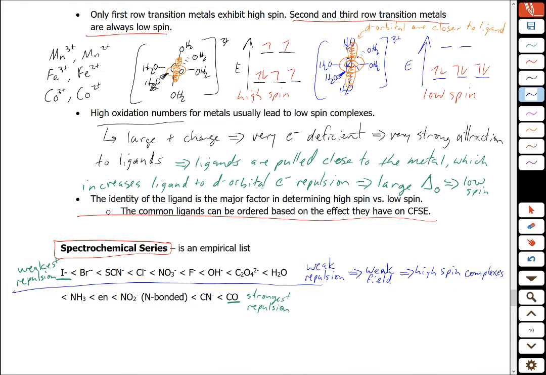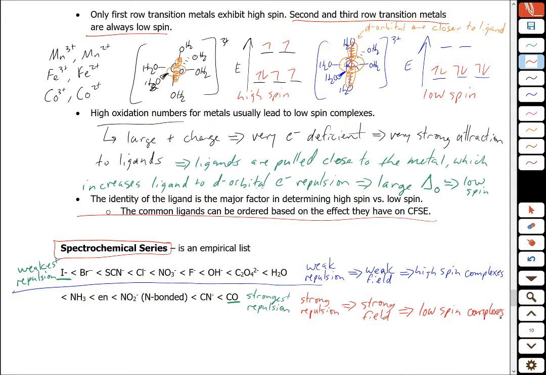The ligands at the bottom here, on the bottom list, have very strong repulsions, meaning that these ligands at the bottom, ammonia, ethylenediamine, nitrite when it's bonded through the nitrogen, cyanide, and carbonyl, those ligands interact very, very strongly with the transition metals, and they have strong repulsions, which makes them strong field ligands, which would give low spin complexes.